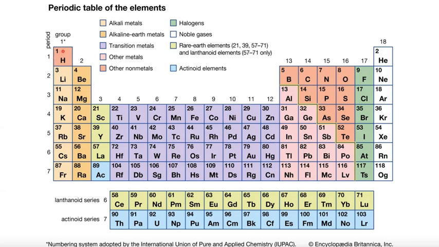So this one is group 1, this one is group 2, and so forth, and we get group 18. Okay? So in this periodic table, we have only atomic number and different colors of metals, non-metals, noble gases, halogens, rare earth elements, actinides, etc.